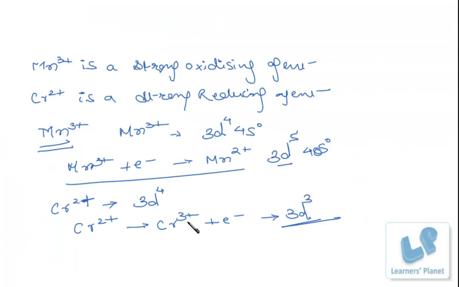So here you can write these configurations and see that Mn3+ is a strong oxidizing agent, whereas Cr2+ is a strong reducing agent, though their configuration is the same. Right? So with the help of ionization energy, we can explain this.